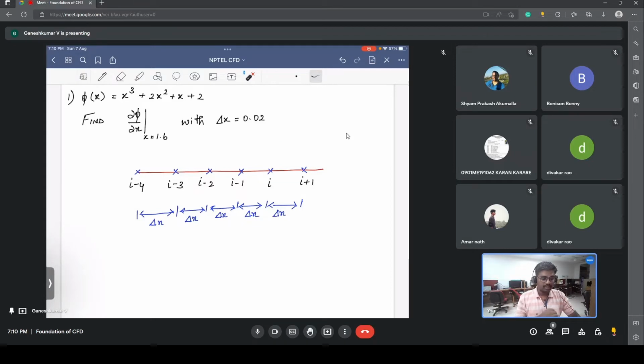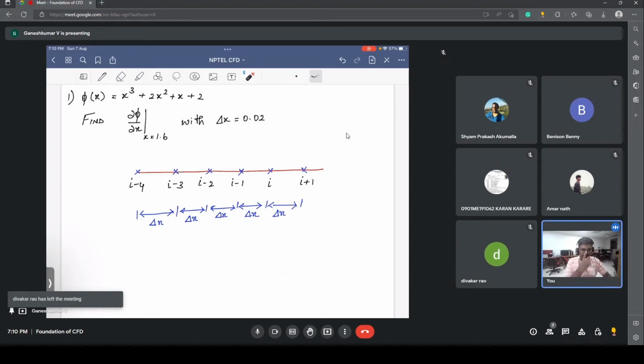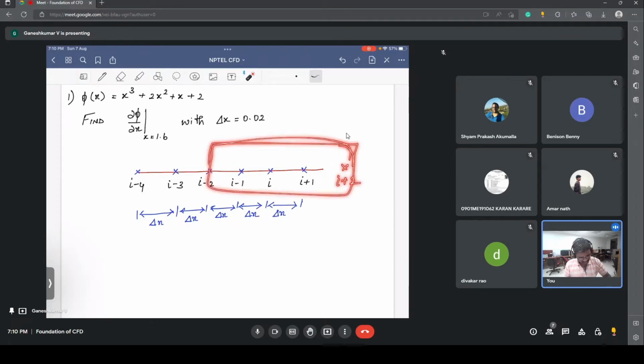You can construct a scheme which has both of these, which you might already know from the lectures. You can construct schemes from here to here. Here there will be I plus 2, so you can construct a scheme with that also.